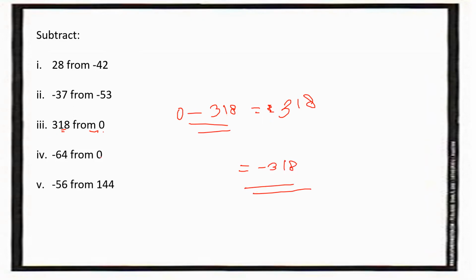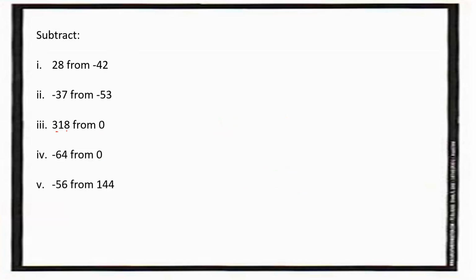Or you can remember this: if you subtract any positive number from 0, the number becomes negative, and if you subtract any negative number from 0, the number becomes positive. This will be minus 318. We simply take the additive inverse of the number, meaning we just change its sign.